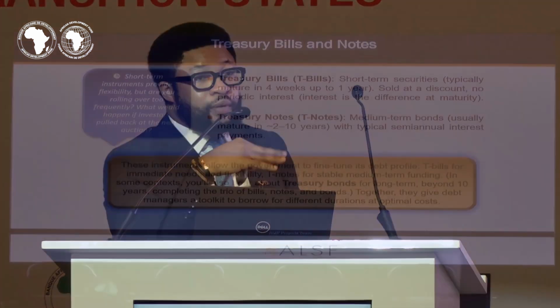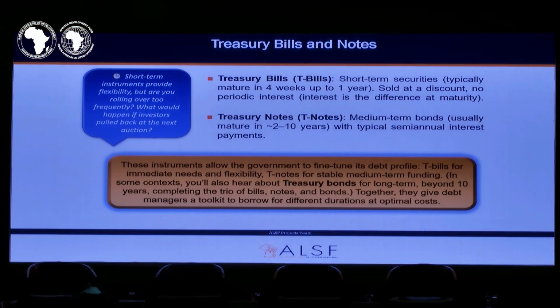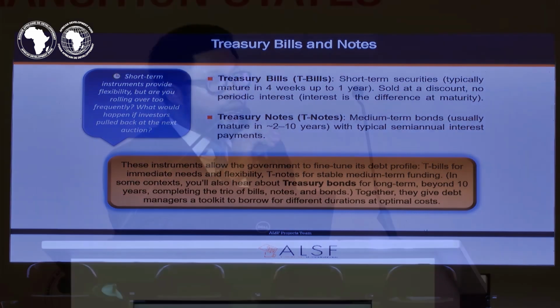With notes, they're usually medium-term treasury arrangements. And so these ones are like bonds. Actually, they are bonds, just medium-term bonds. And the way they work is, in that same scenario of 1,000 cedis, the government agrees to a percentage to pay to the investors over a longer time, say 5 years.